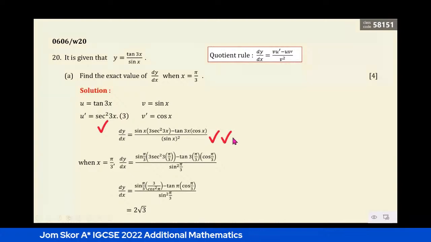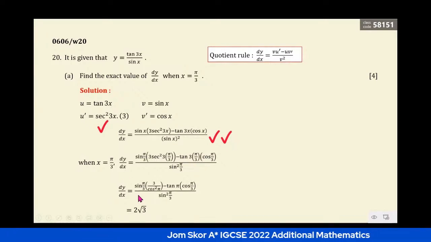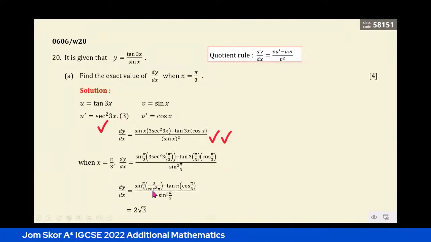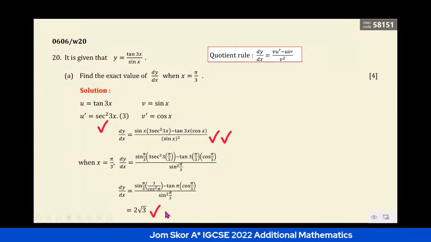Okay, but then if you get correct answer all this, you will get the 3rd mark here. Okay, and then the 4th mark, yang ini boleh dapat dalam calculator. So tak payah, dia tak bagi markah pun untuk this one. Tapi kena tunjuk. Okay, then you will get the answer 2 root 3 is the markah untuk jawapan akhir ni lah. Okay. Alright.